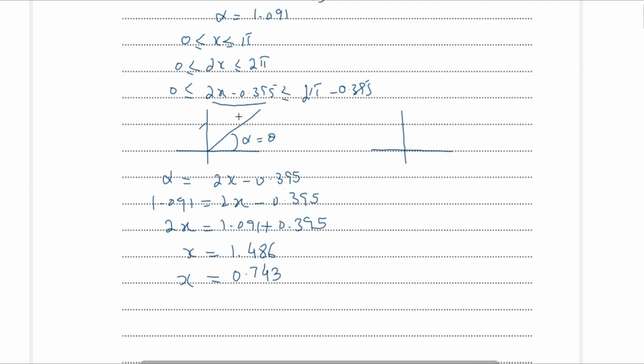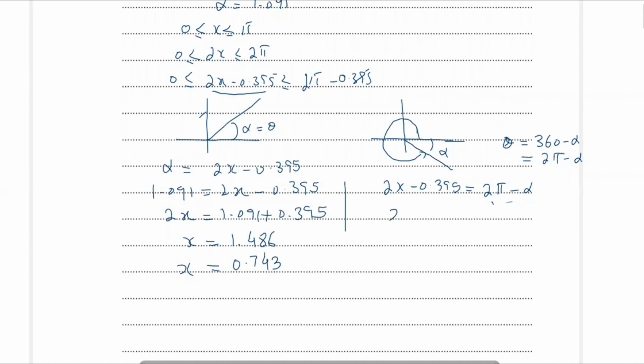Next, you see here the range of the angle is between 0 and 2 pi minus 0.395. Therefore, that value will lie in the fourth quadrant, the positive value. This is the alpha. Now the total angle theta will be equal to 360 minus alpha. Therefore, you can write 2x minus 0.395 equal to the angle in radian form, 2 pi minus alpha.